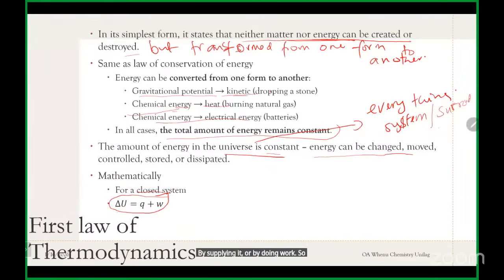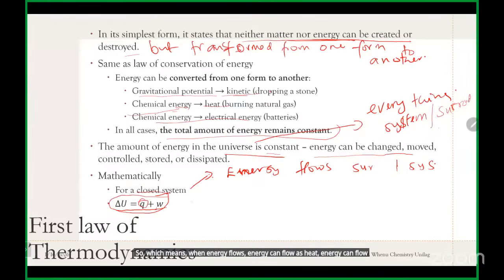So for a closed system, energy flows between the surroundings and the system, as heat or as work.